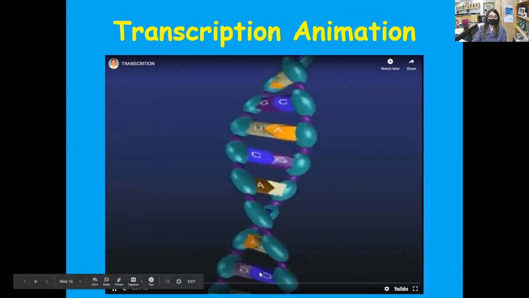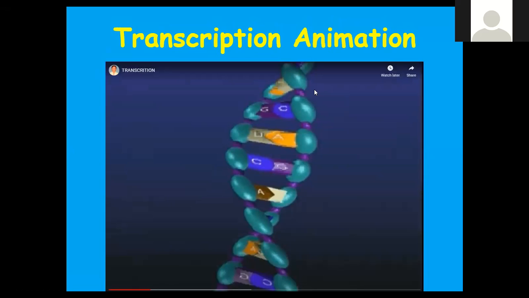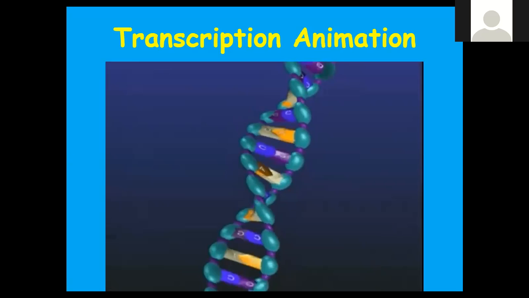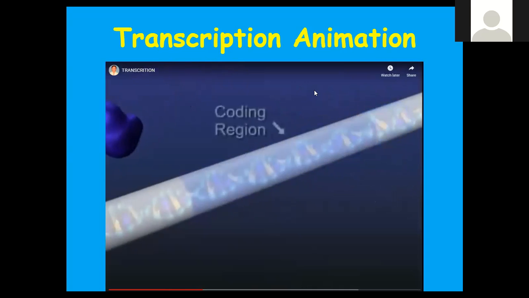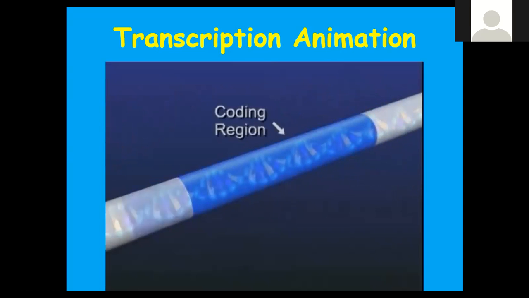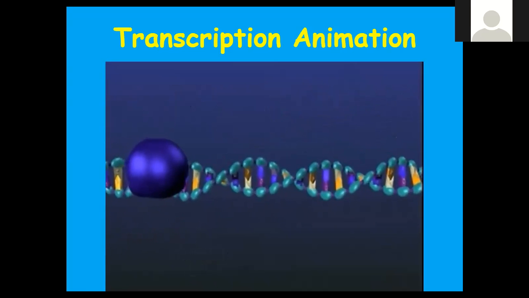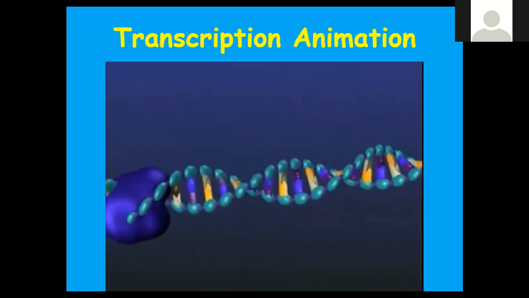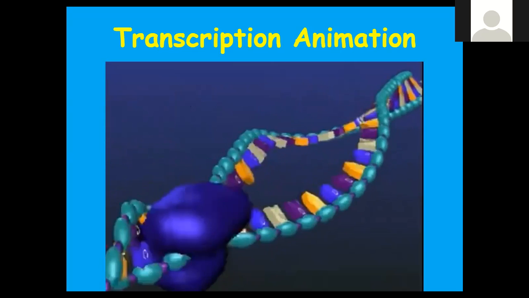Transcription is the process by which RNA is assembled from a DNA template. The 2 strands of the DNA double helix are held together by bonds between complementary base pairs. DNA encodes genetic information in the sequence of bases along one strand. The portion of the DNA molecule that is a single gene or coding region is bounded by termination and promoter sites. A molecule of RNA polymerase binds to the promoter site. It moves along the DNA, separating the 2 strands of the double helix.